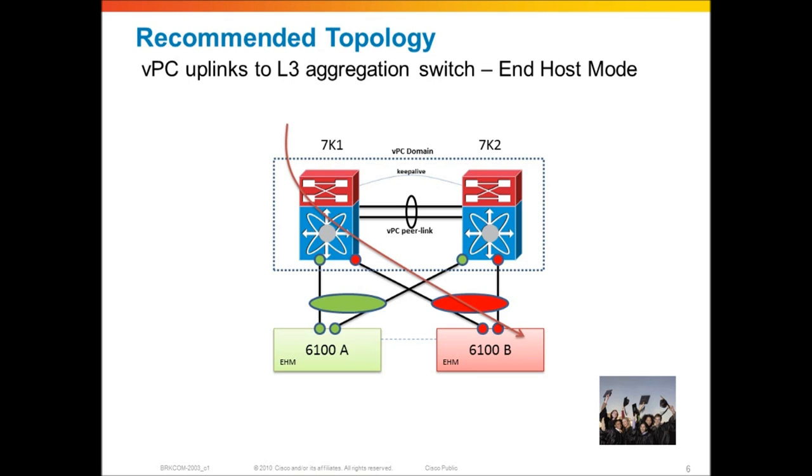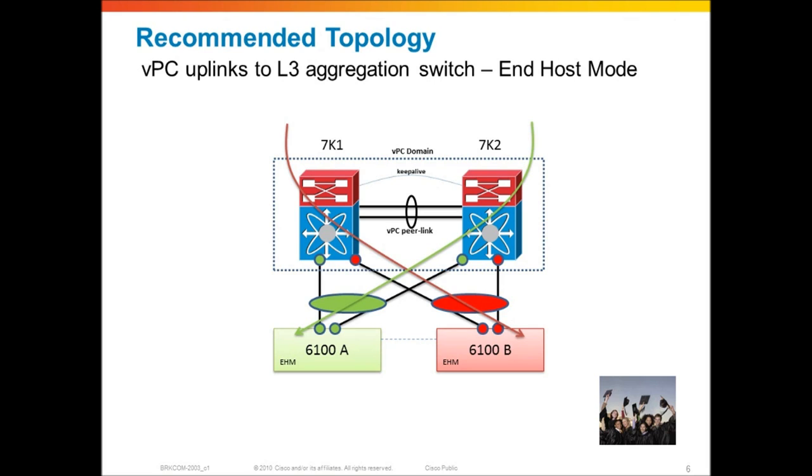I have traffic enter Nexus 7000 number 1 from the upstream network, destined for a server, a VNIC, or a VM that's associated with Fabric B. Well, because Nexus 7000 number 1 is directly attached to both Fabric A and Fabric B, it has visibility to all of those MAC addresses for both fabrics, so it can deliver that traffic locally on one of its local VPC member ports, and that's exactly what it does. That traffic does not have to traverse any peer link to another Nexus 7000.